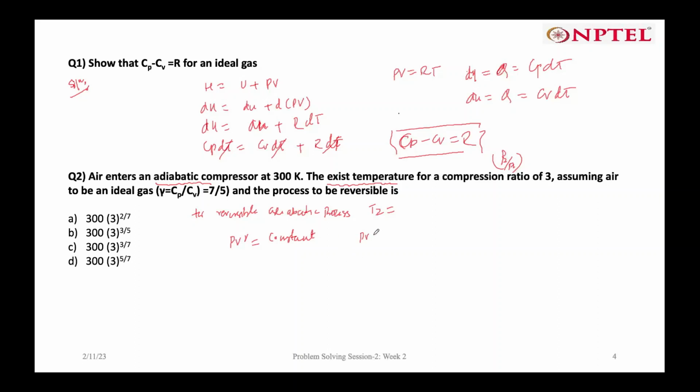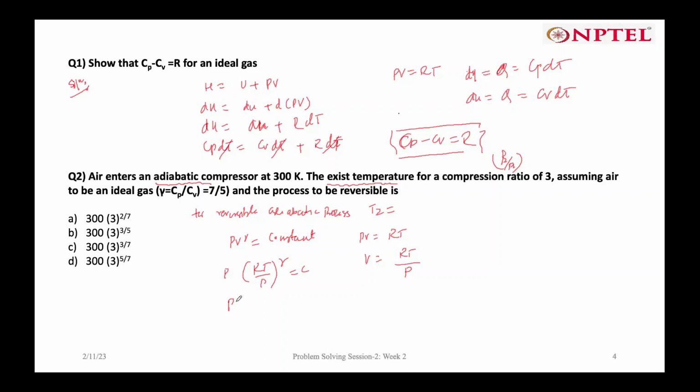So PV is equal to RT, this is the ideal gas. So put the value of V is equal to RT by P. So here P (RT/P)^gamma is equal to C. Right.